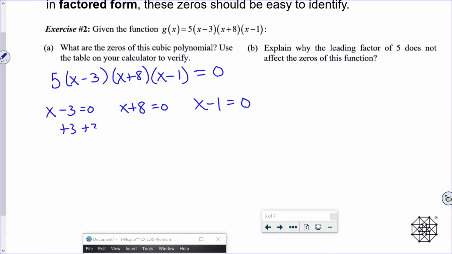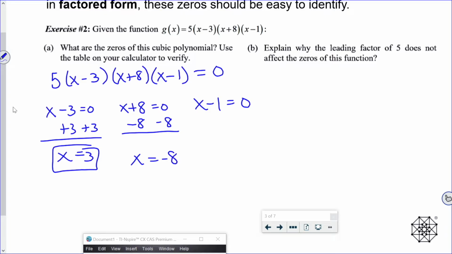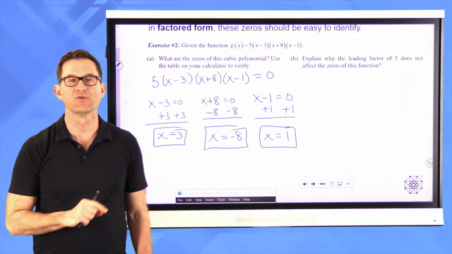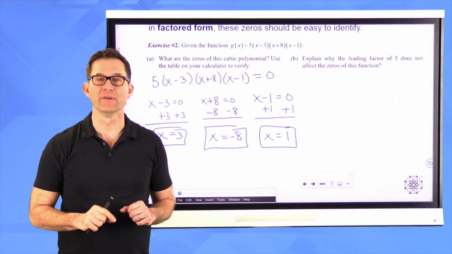Add 3, I'll get x equals 3. Subtract 8, I'll get x equals negative 8. And add 1, and I'll get x equals 1. We'll discuss that 5 in letter B in just a moment. But these are my 3 zeros.